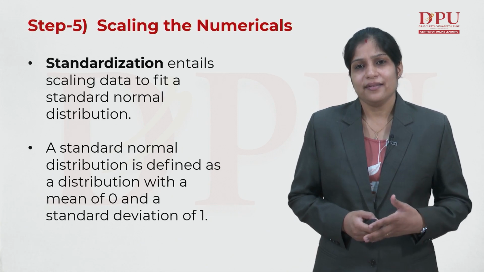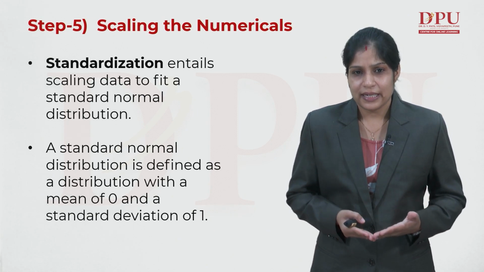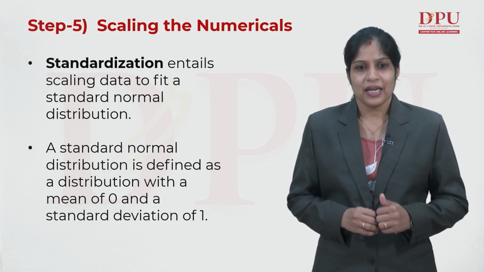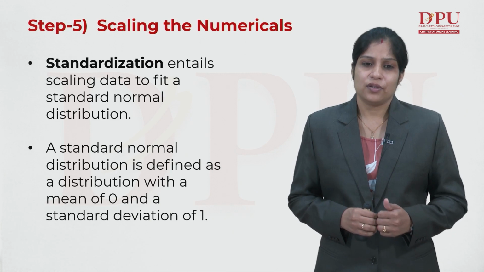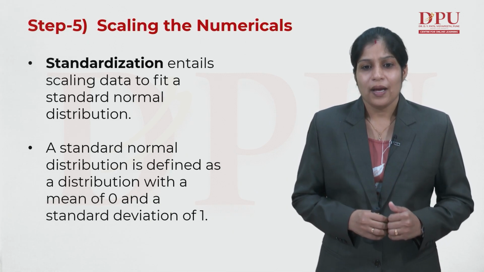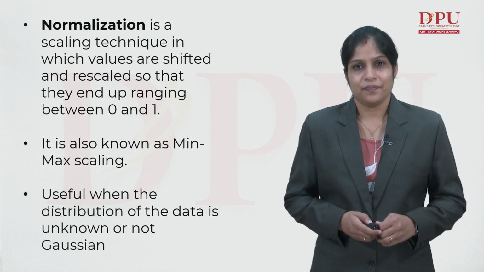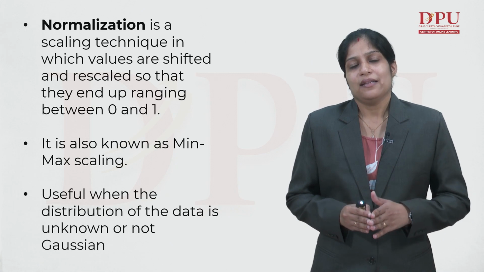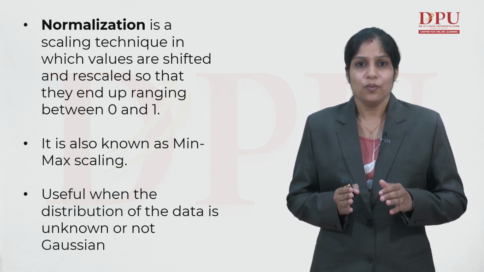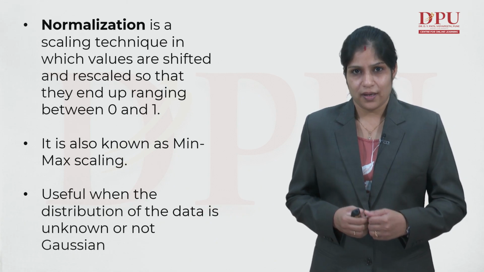In standardization, we try to fit our data according to the standard normal distribution, which is a distribution with a mean of 0 and a standard deviation of 1. So basically in standardization, the mean will be 0 and the standard deviation will be around 1.